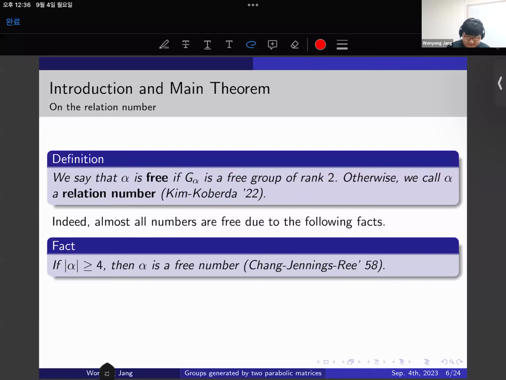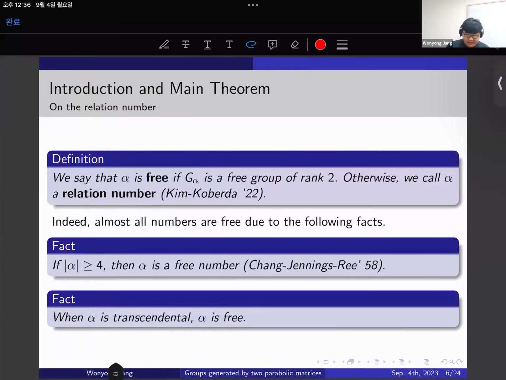The first reason is that if its absolute value is bigger than or equal to 4, then it is known that alpha is free. And actually, if alpha is transcendental, then alpha is free. So from this fact, we can conclude that almost all complex numbers are free.